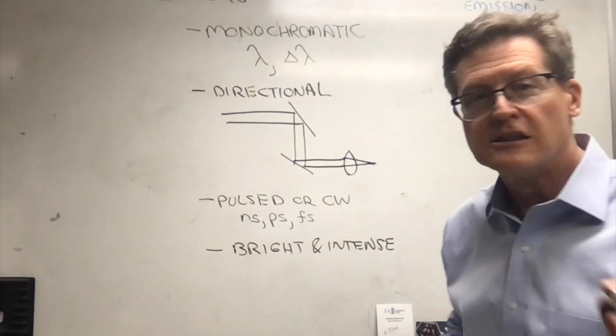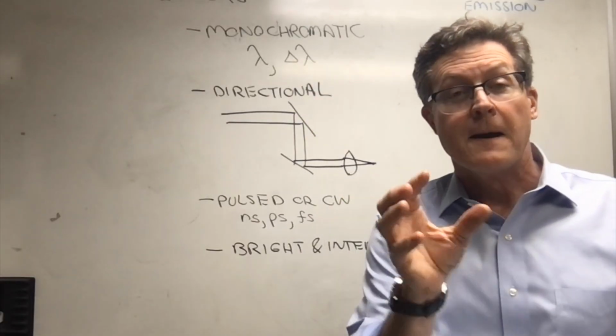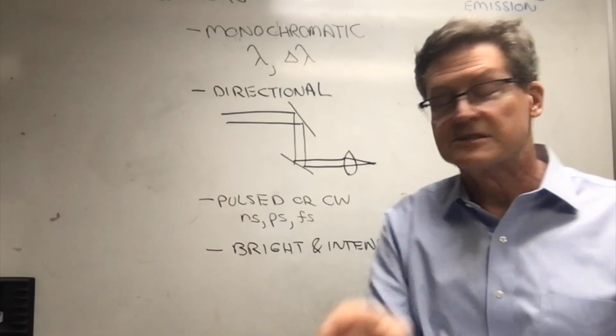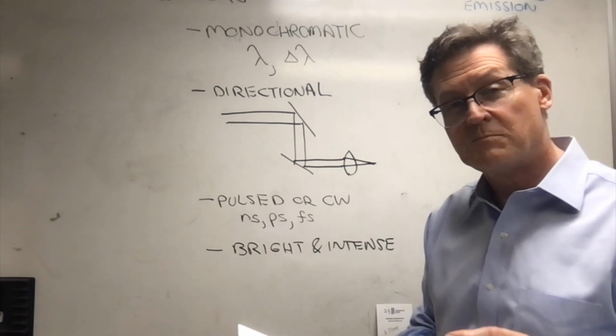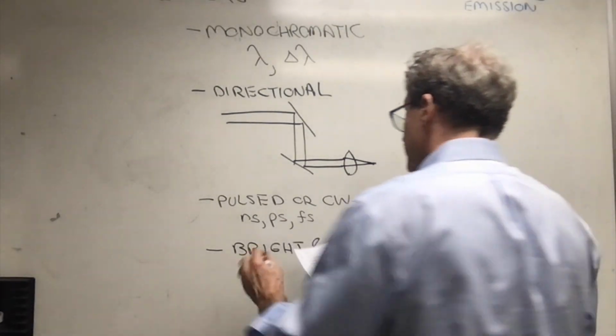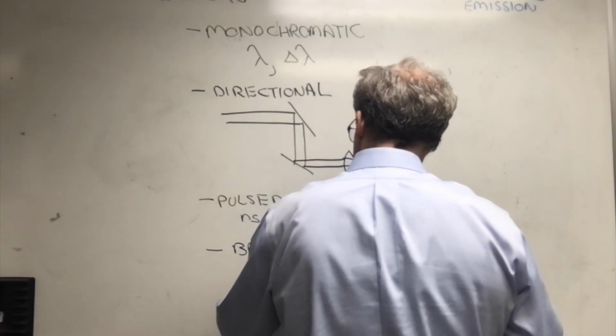Combine these all together, and lasers can be extremely bright and intense. We can pack a lot of photons into a small frequency range in a small area, small volume, as well as a small time scale. So we can have very high number of photons per unit bandwidth, per unit time, per unit area, right? So we can get extremely high energy densities, that is joules per square meter.